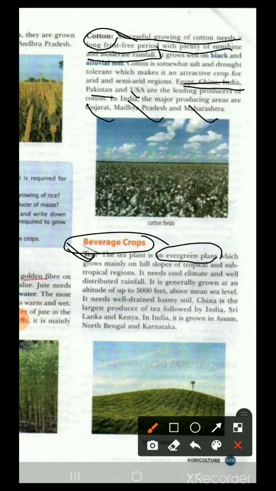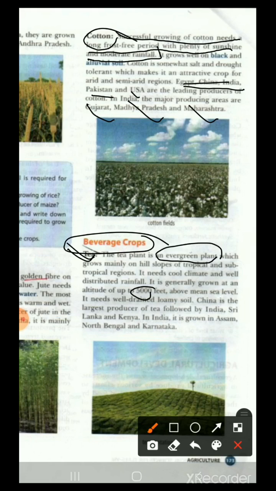Tea plantation is labor intensive work, which provides employment to many workers. It requires labor for picking the tender leaves, and it is generally grown at an altitude of up to 5,000 feet above mean sea level.